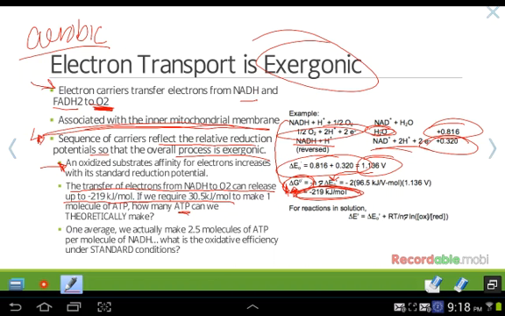Now, on average, in the cell, we actually only make 2.5 molecules of ATP per molecule of NADH. So if that is true, what is the actual oxidative efficiency under standard conditions of the oxidation of NADH? I can't even get it right sometimes.